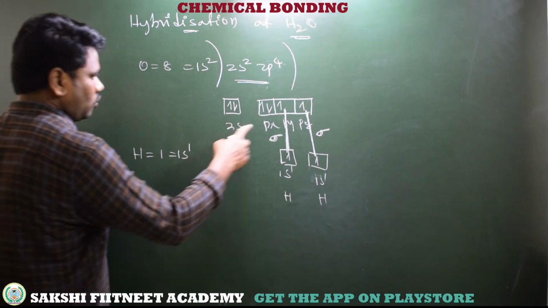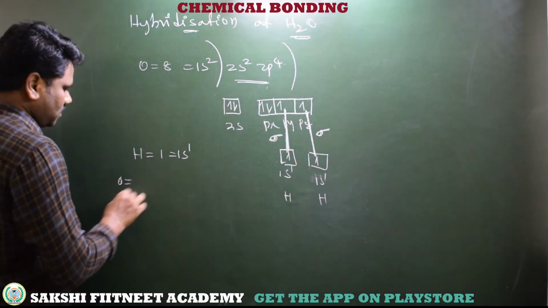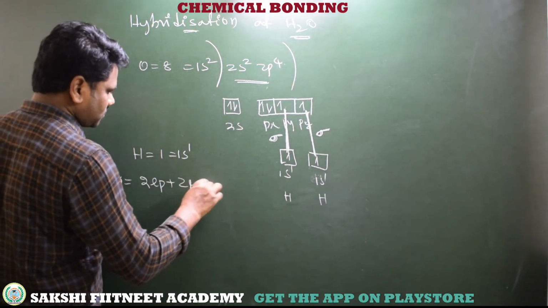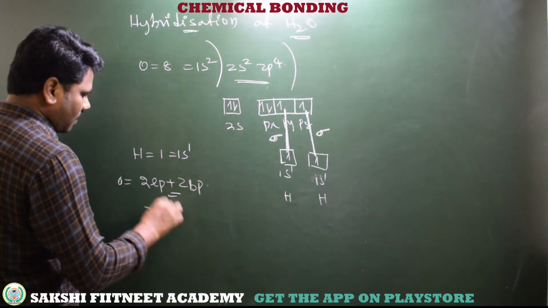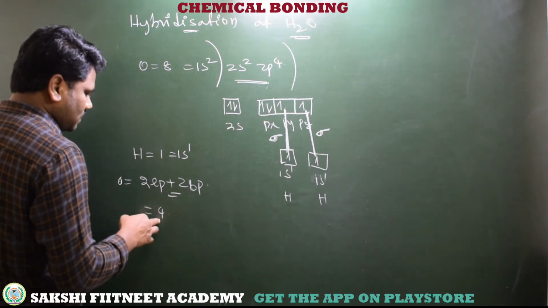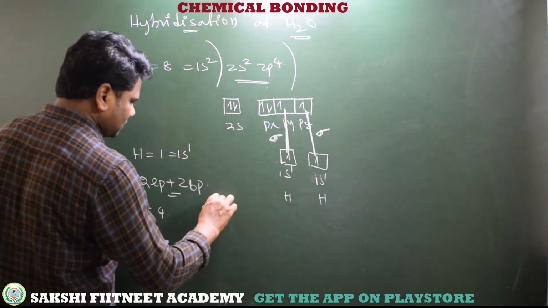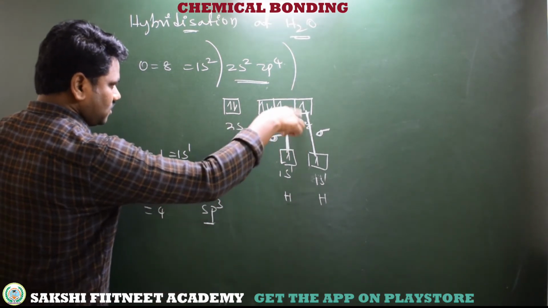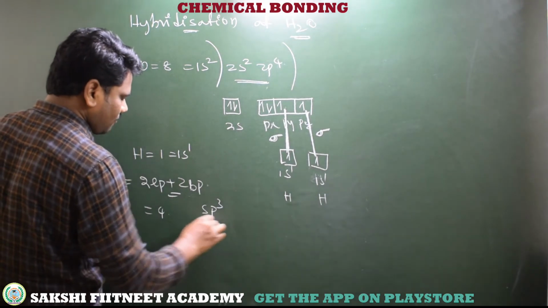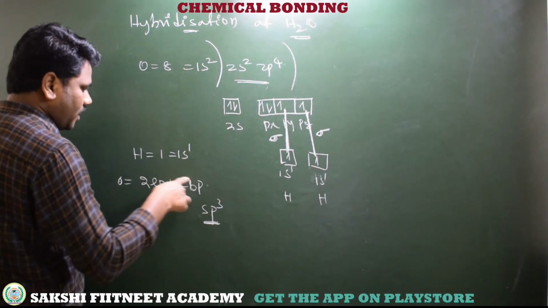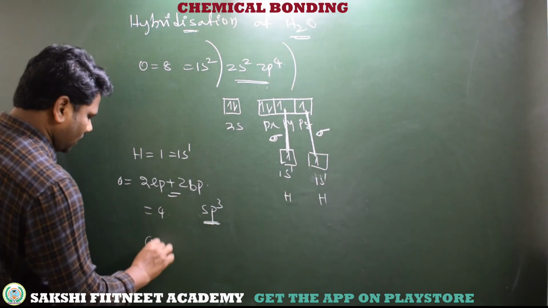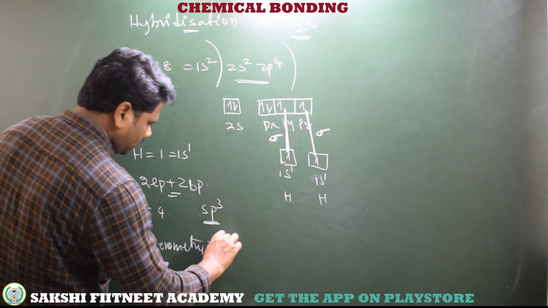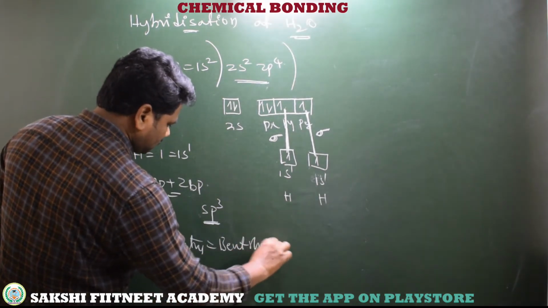We have 2 lone pairs plus 2 bond pairs, so total 4 hybridized orbitals. 4 hybridized orbitals means sp3, with 2 lone pairs and 2 bond pairs. The geometry becomes bent shape.